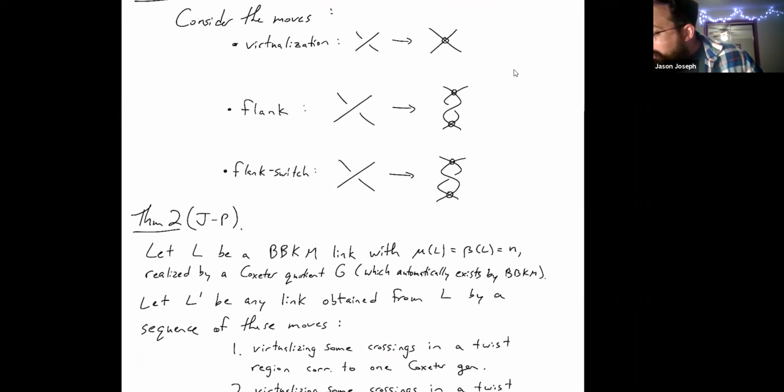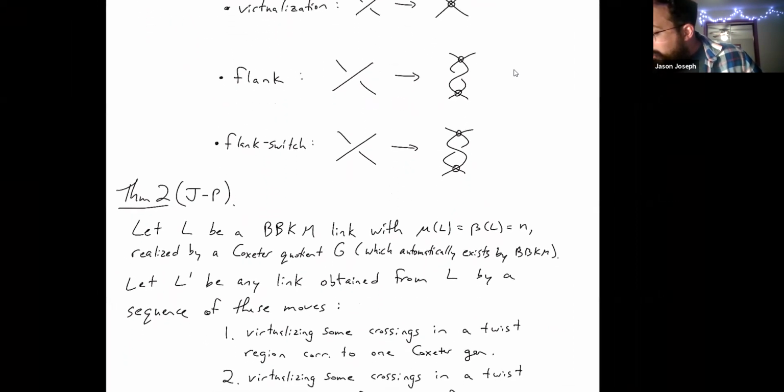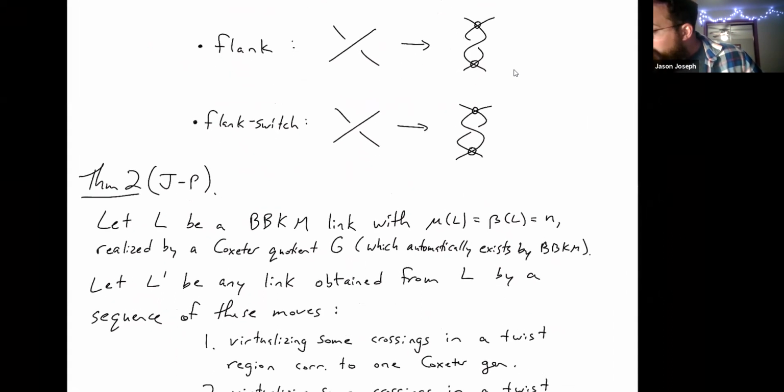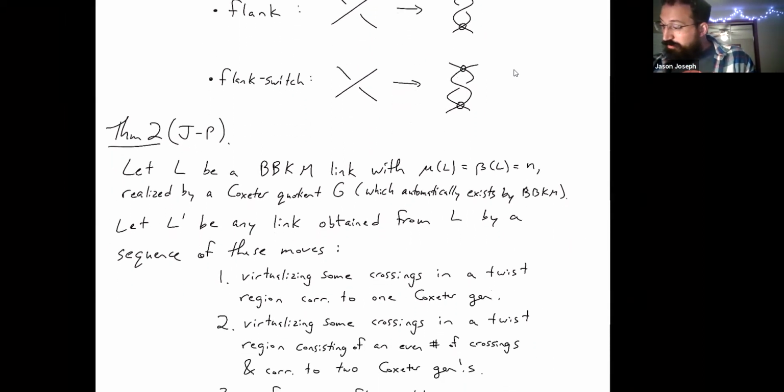Great. So theorem 2 is going to use these moves. Let L be a BBKM link with meridional rank and bridge number n, realized by some Coxeter quotient G, which automatically exists because it's a BBKM link. And let L prime be any link obtained from L by a sequence of these moves.